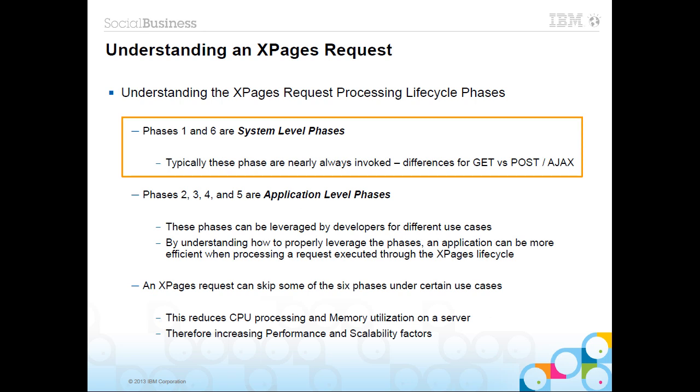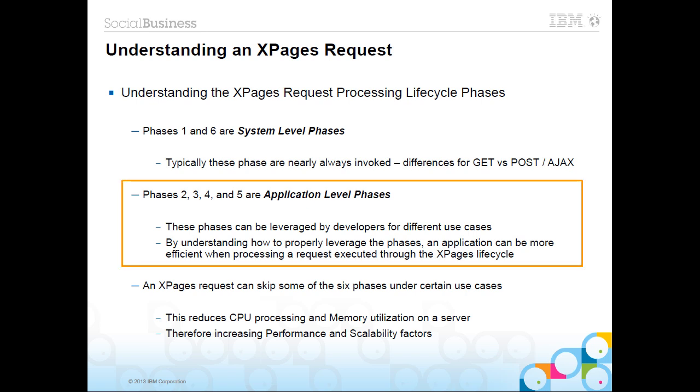In summary, you will now understand that the XPages Request Processing Lifecycle underpins any given XPages request and response to a Domino server. It also contains 6 phases. Phases 1 and 6 are known as system-level phases. These are typically nearly always invoked, with a slight difference between a GET and an AJAX GET type request.